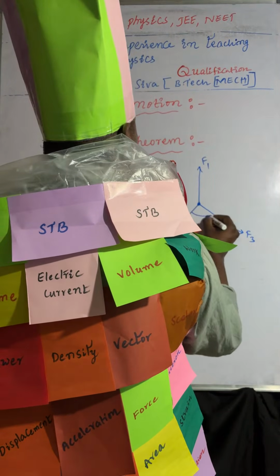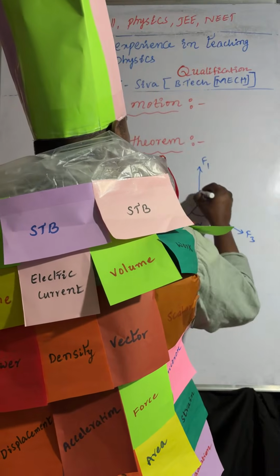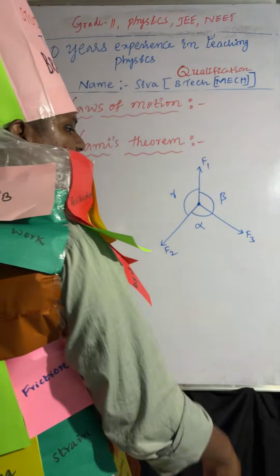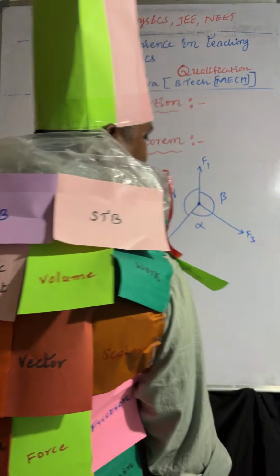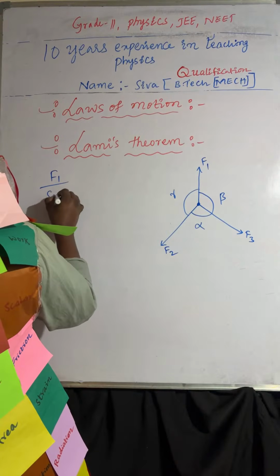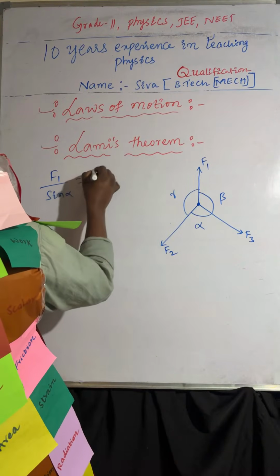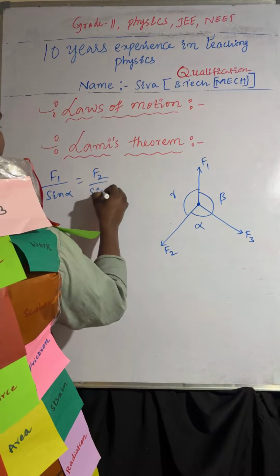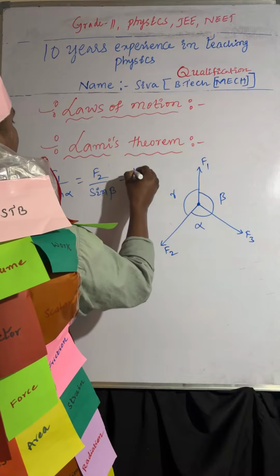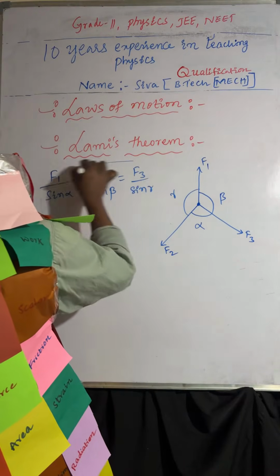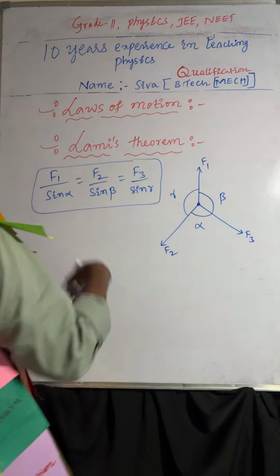Opposite to F1 is alpha, opposite to F2 is beta, opposite to F3 is gamma. So Lami's theorem: F1 by sine alpha equals F2 by sine beta equals F3 by sine gamma. Understood or not?